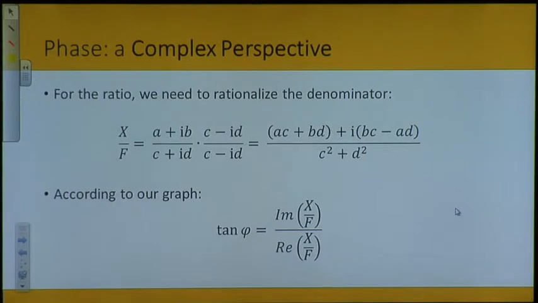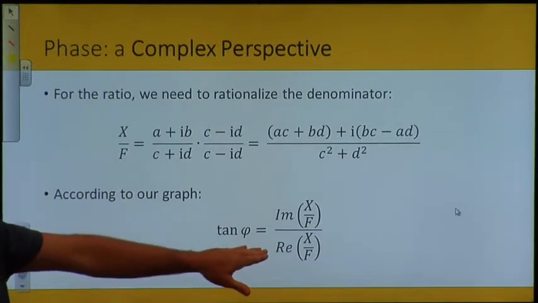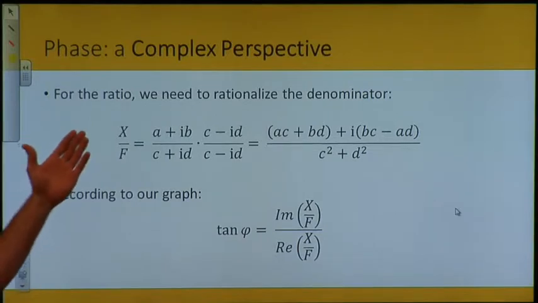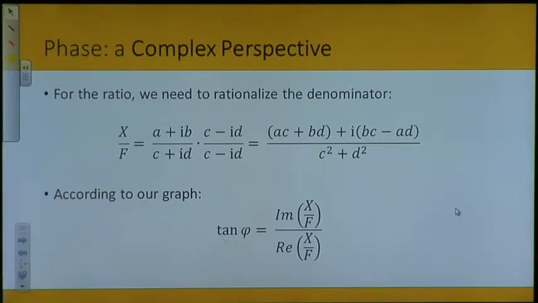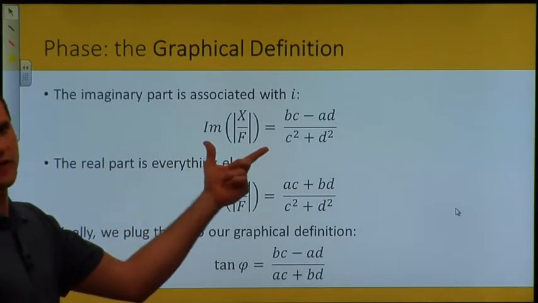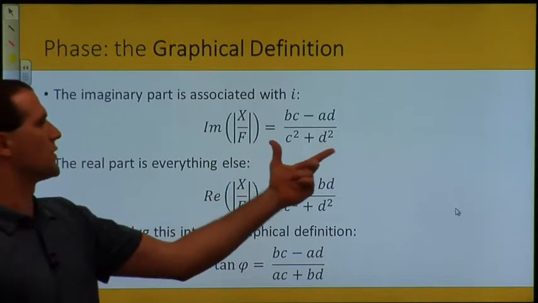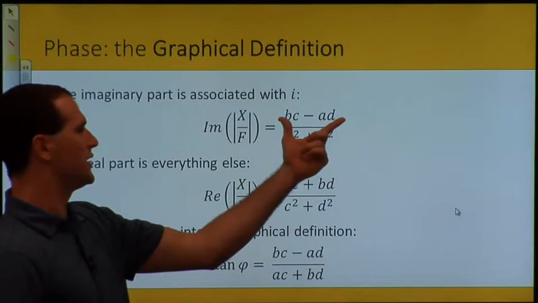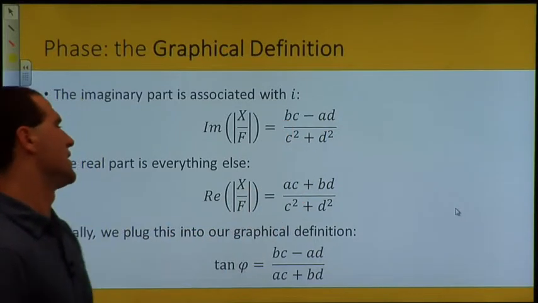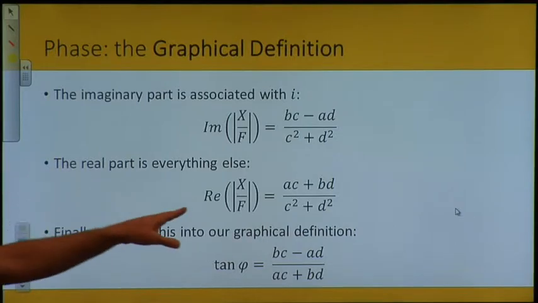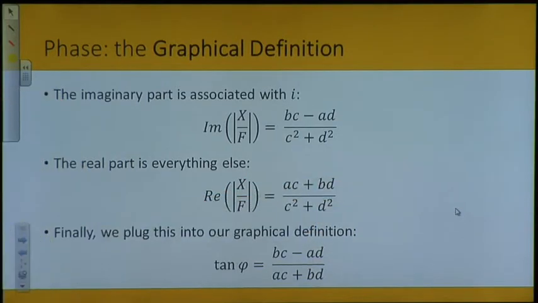If we go back to our original graph, we know that the tangent of phi is the imaginary component of this ratio over the real component of the ratio. So if I go ahead and do that, the imaginary part of X over F is just the part associated with that i. So this is just the second component in the numerator over the denominator, C squared plus D squared. The real part is just the other component.